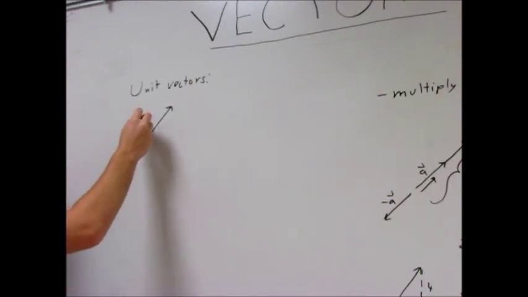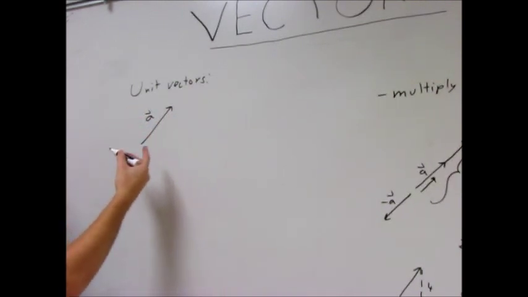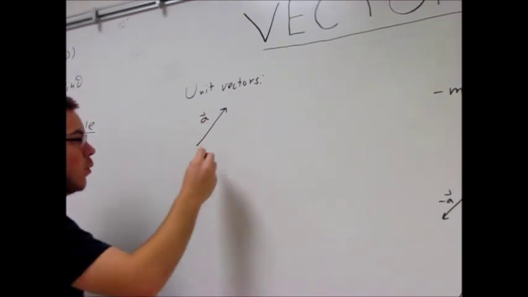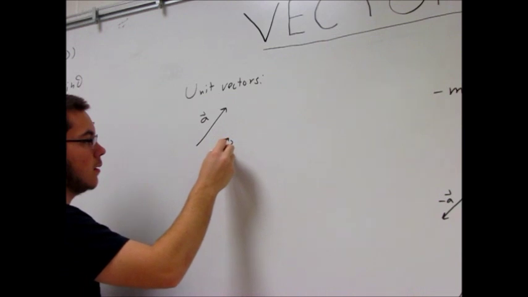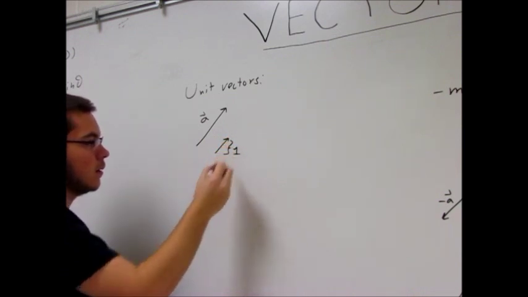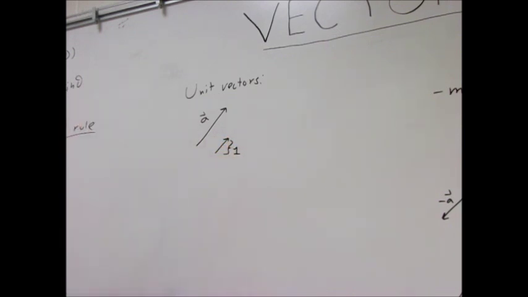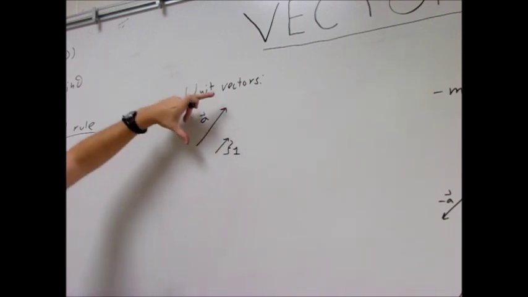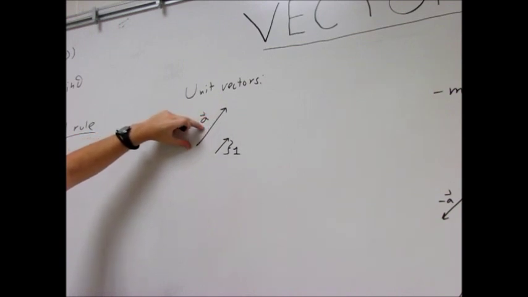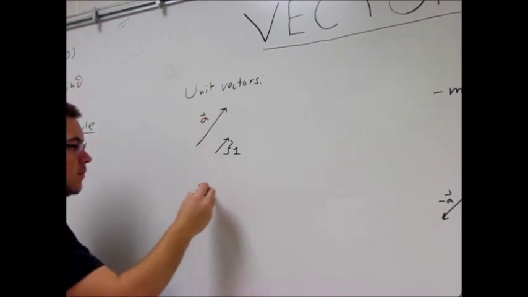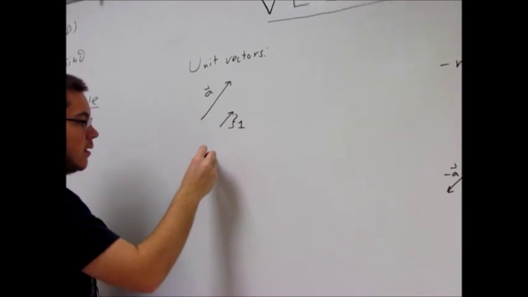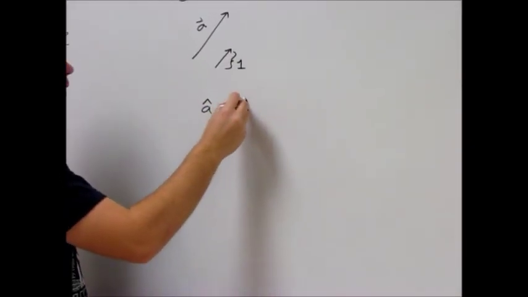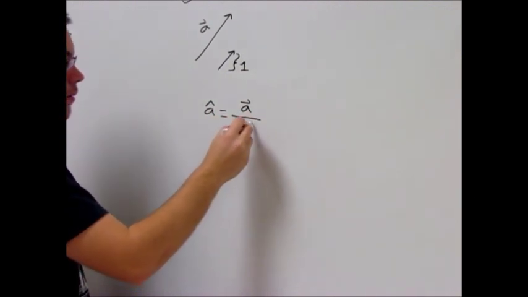But a lot of times you want to take a vector and shrink it down so you keep the same direction, but it has length 1. So you find the length of your original vector and divide it by that length. So basically, a with a hat, which is usually used for unit vectors, will be a divided by its magnitude.